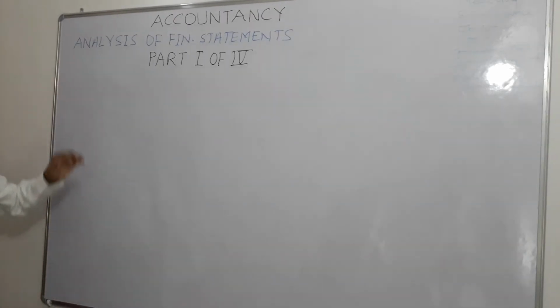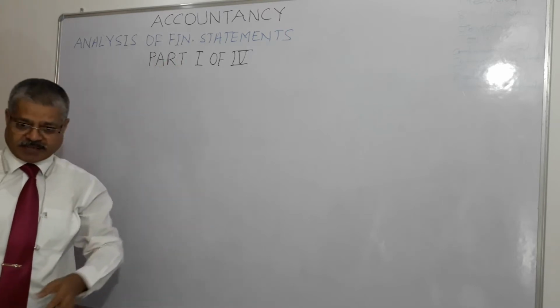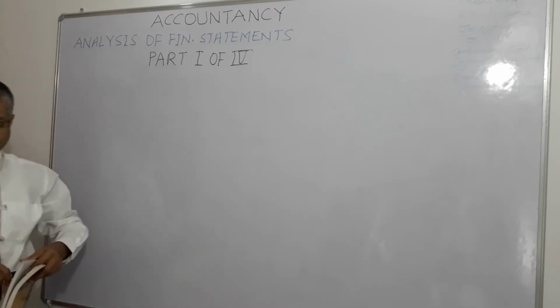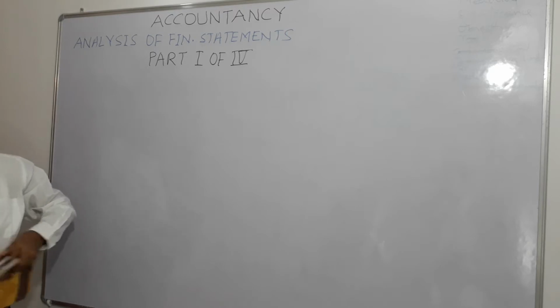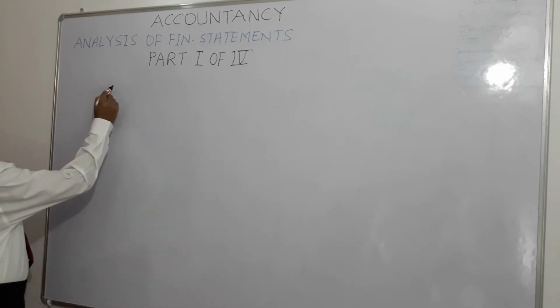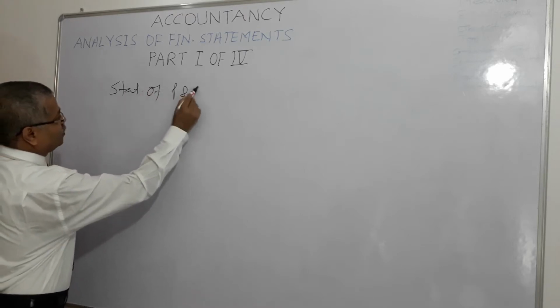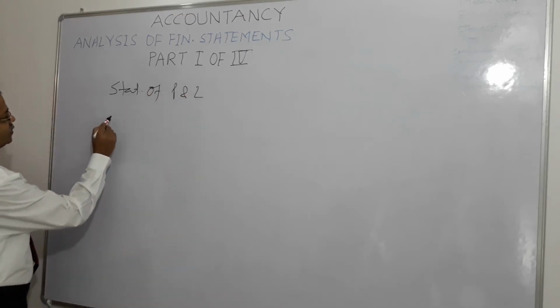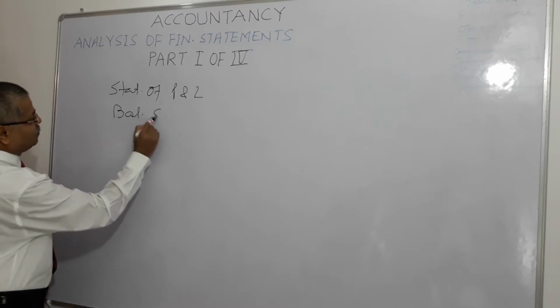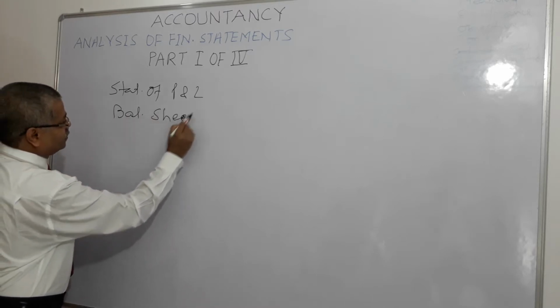So first we will know, when we talk of analysis of financial statements, which are the statements we are talking about? We are talking about a statement of profit and loss, and we are talking about balance sheet, right?